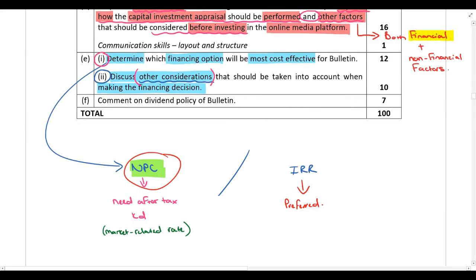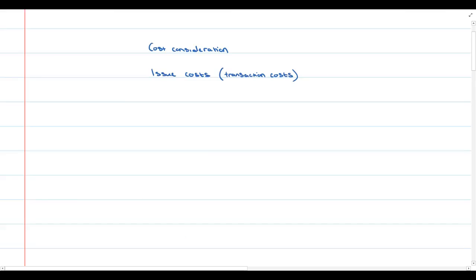In part 1, we calculated the most cost-effective finance. We compared the loan to the preference shares, and we calculated that the loan is more cost-effective. In addition to that, we did take the transaction costs, which would be payable on the loan when they first entered into the loan agreement, into account in our calculation. So we can't discuss cost considerations or issue costs here because that has already been dealt with in part 1. We are now looking at other considerations. So there's nothing to discuss here. That was dealt with in part 1.